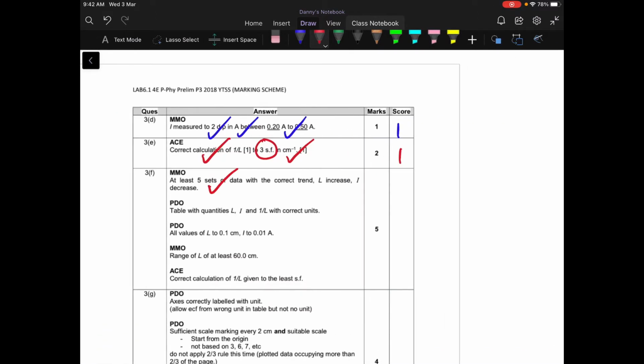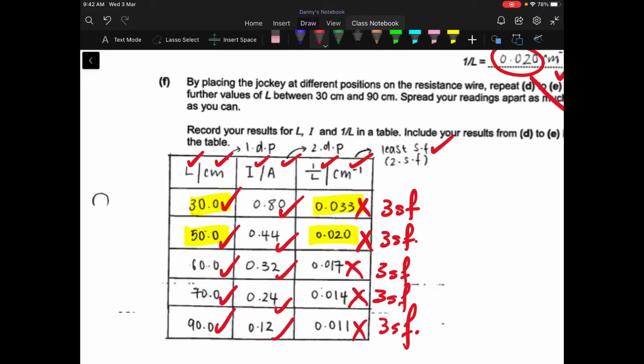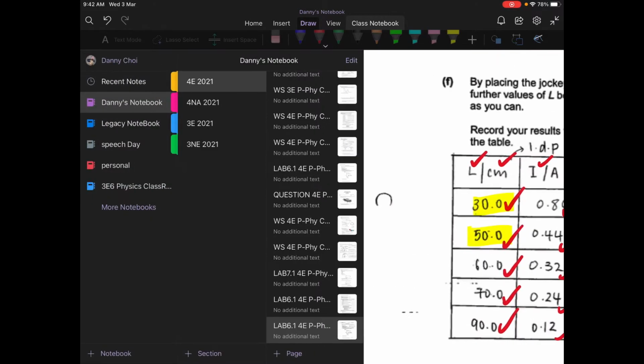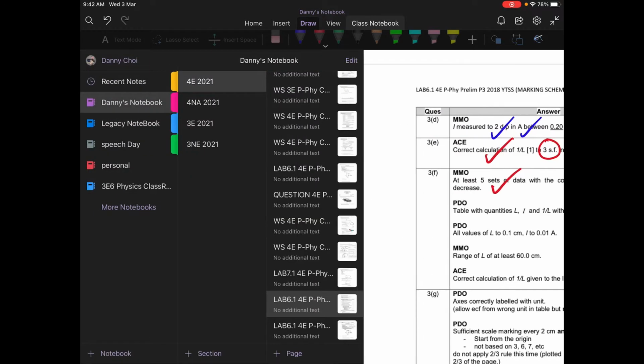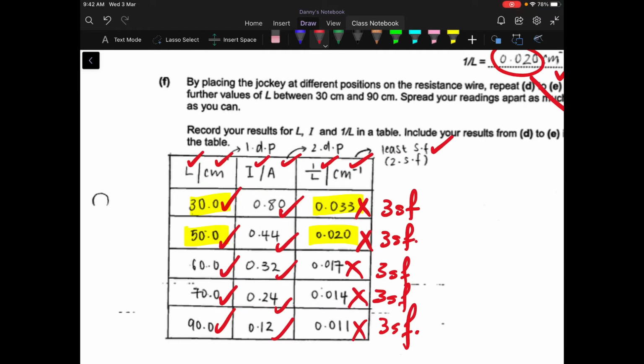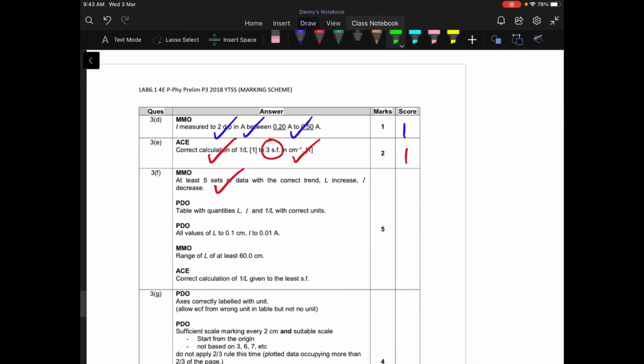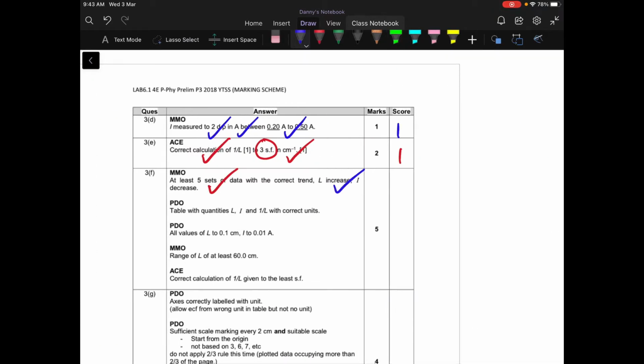So let's go here. 5 sets of data. Look at the trend. L goes up, I goes down. Right? L goes up, I goes down. So correct trend.